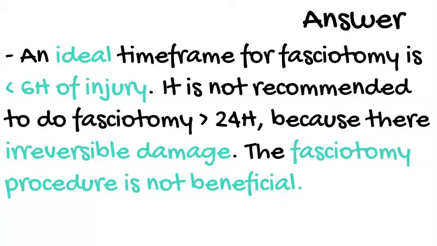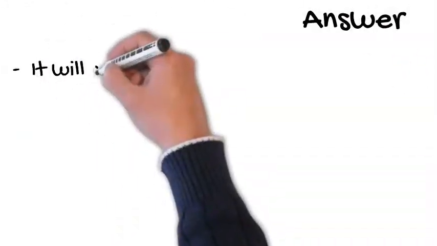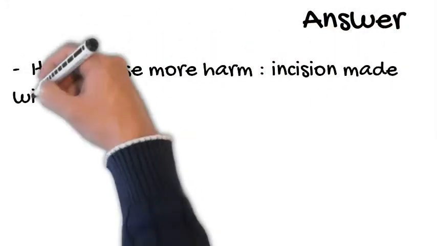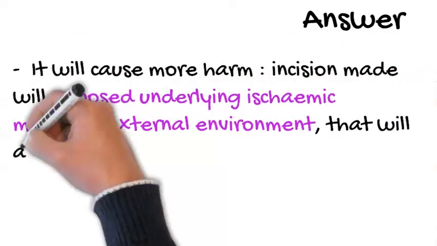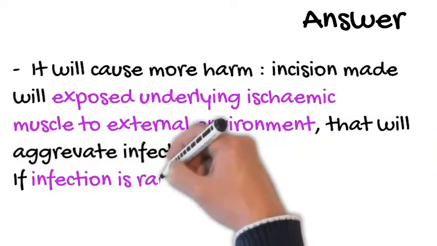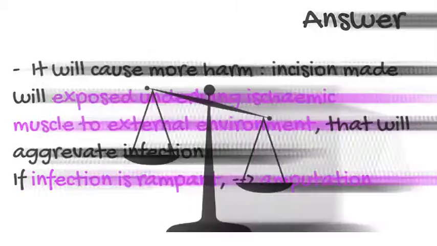The fasciotomy procedure is not going to be beneficial. It will cause more harm, because the incision made will expose the underlying ischemic muscle to the external environment and aggravate infection. If the infection is rampant, the patient might need amputation of the leg later.